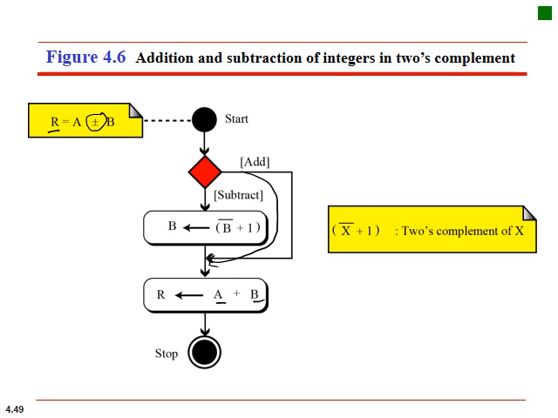But if it was subtraction, if it was negative, we first have to do the 2's complement of B, which means 1's complement of B plus 1, and then we do the simple addition again of A plus B. Right, so that's the general procedure.